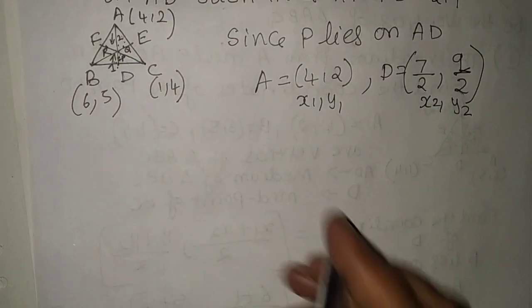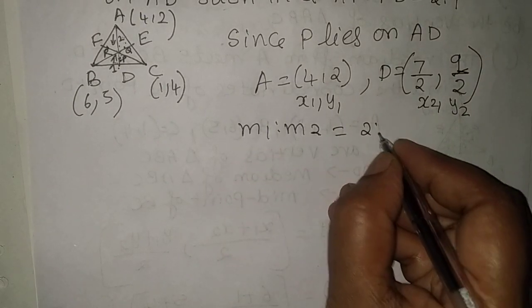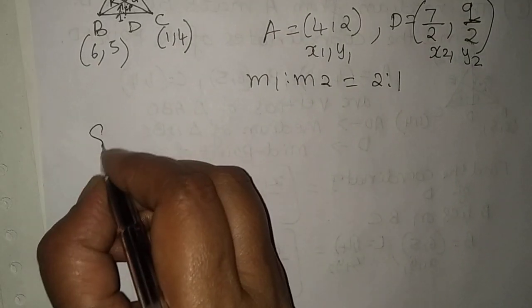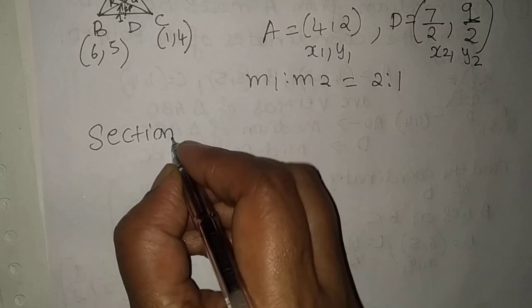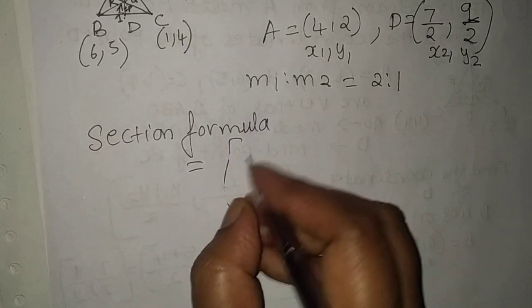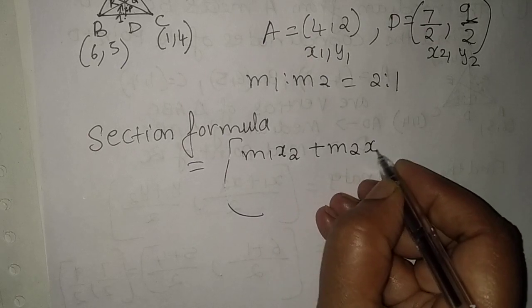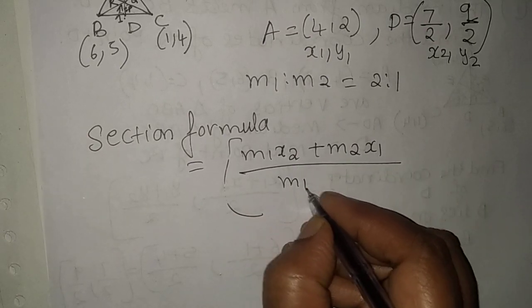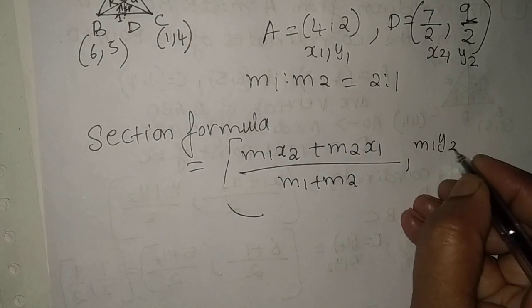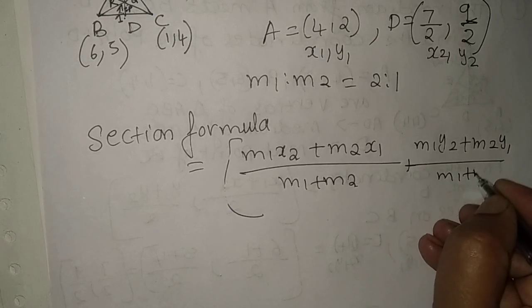The ratio given is 2 is to 1, that is m1 is to m2 will be 2 is to 1, that is AP is to PD. Now we have to use the section formula. Section formula equal to (m1 x2 plus m2 x1) by (m1 plus m2), (m1 y2 plus m2 y1) by (m1 plus m2).